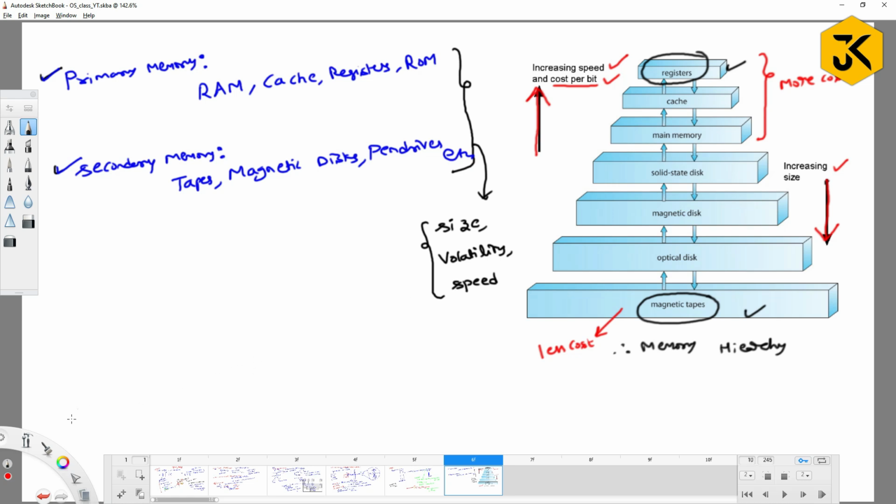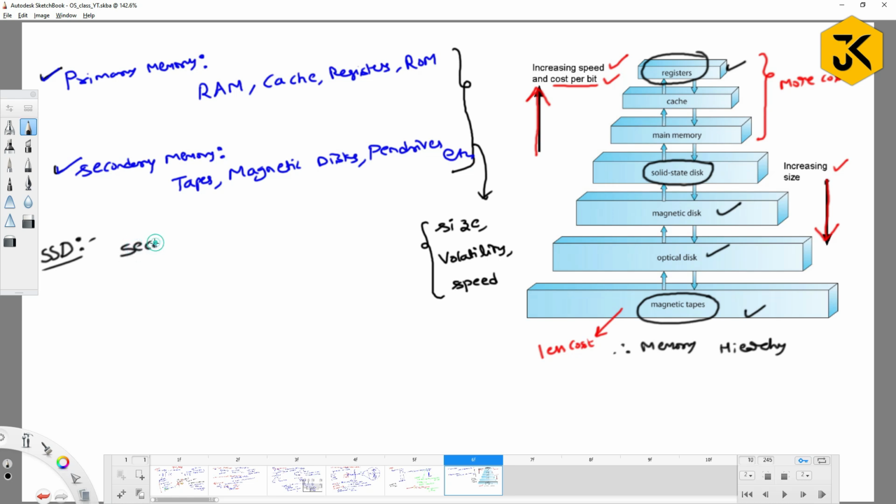So here you have to know one important point: solid state disk. After the main memory, there is solid state disk, magnetic disk, optical disk, and magnetic tapes. Here the important one is, in some examinations I have observed one question related to SSD. What is the full form of SSD? Is it a secondary storage device or is it a solid state drive?